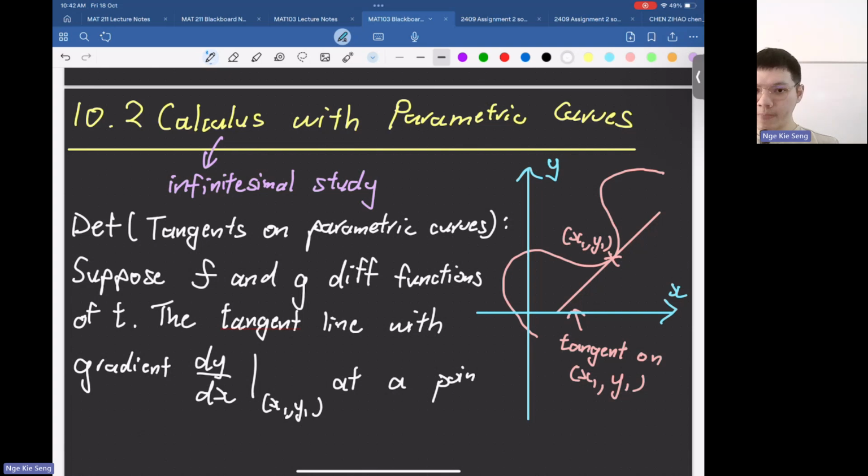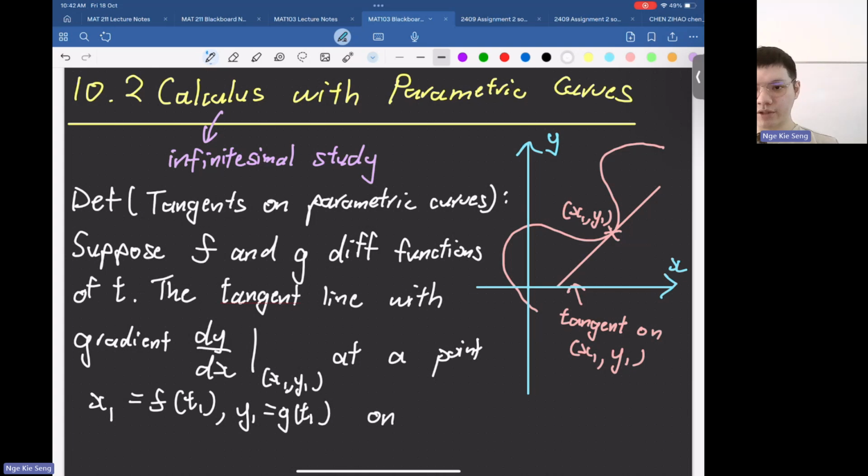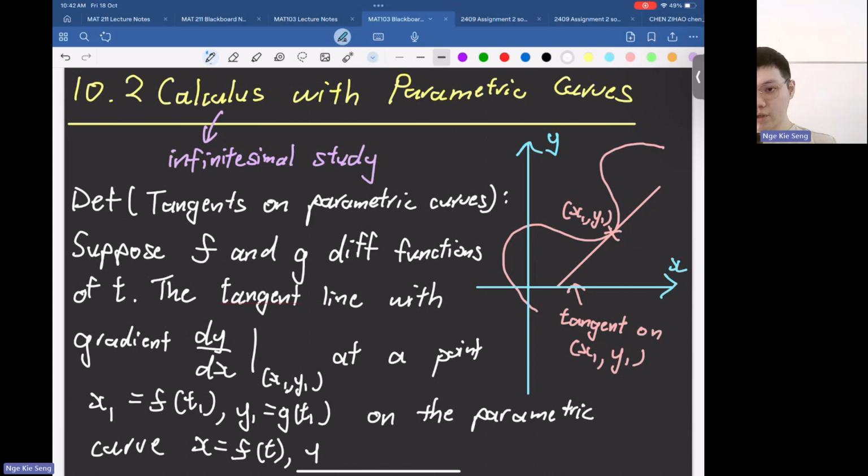What is this point here? This point is exactly governed by our f and g. So you should imagine that our curve is governed by this f and g. What is this parametric curve? This parametric curve is exactly where x equals f(t) and y equals g(t).